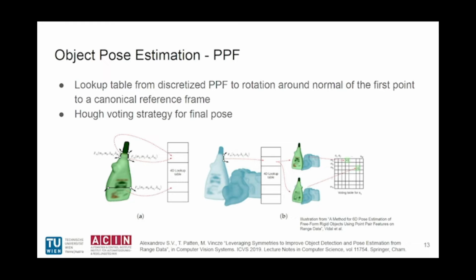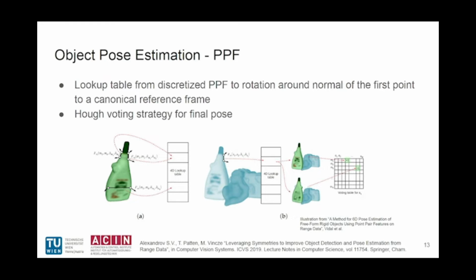However, there's one last point that's not necessarily obvious that needs to be solved, and that is how to accumulate all of the votes you have. Because if you just do it in the most straightforward way, you're working with a 6-dimensional space, and that's very large to accumulate the votes.